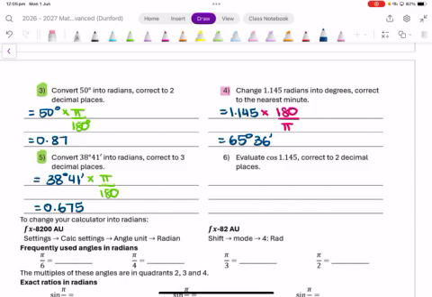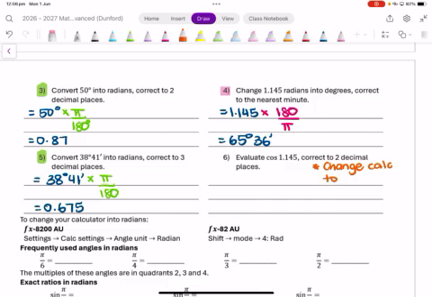Finally, what we have is to evaluate cos 1.145 correct to 2 decimal places. What we do is we just type in cos 1.145, but we need to make sure our calculator is in radians. So we have to change our calculator to radians.